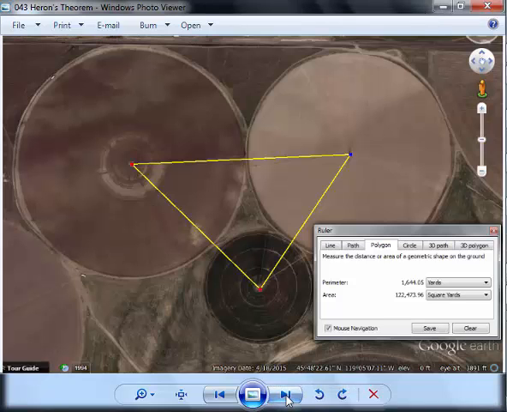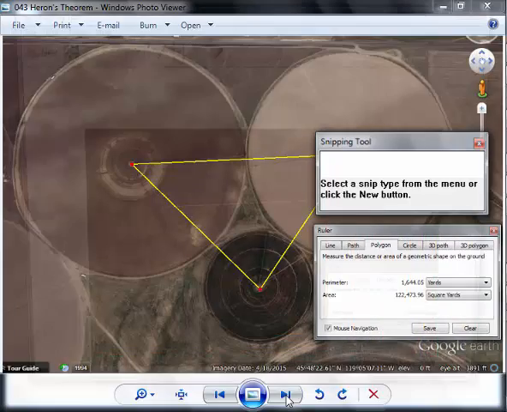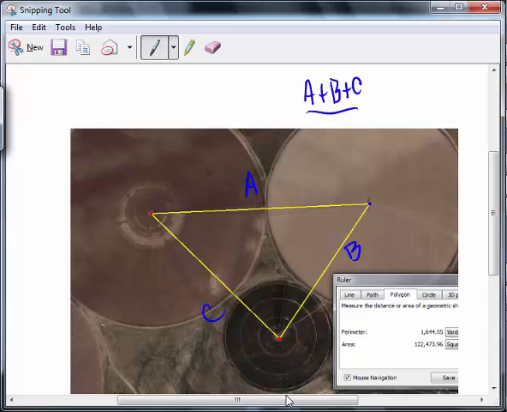One of the things that we're going to use in our mathematics is Heron's or Hero's theorem. What you do in Hero's theorem is measure the lengths of these sides and call them A, B, and C. If you add them up and divide them by 2, you get what's called the semi-perimeter, or half the perimeter.